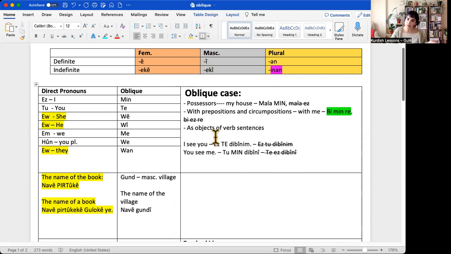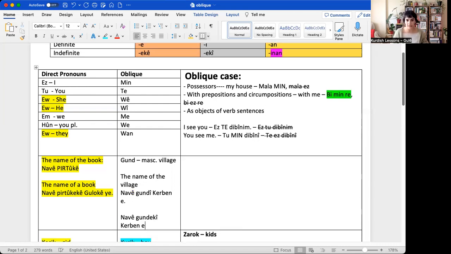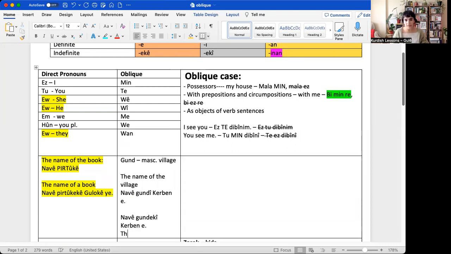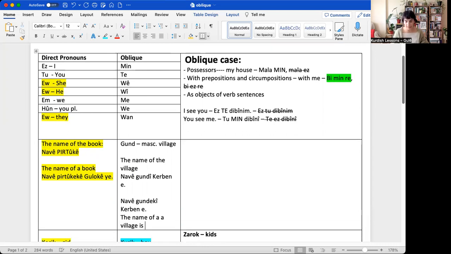Okay? Nave gundî, the name of the village. Nave gundî Karbanê, the name of the village is Karban. And if it is indefinite, nave gundekî Karbanê. The name of a village is Karban, right?